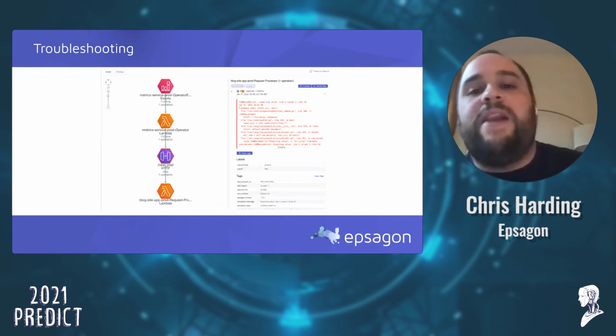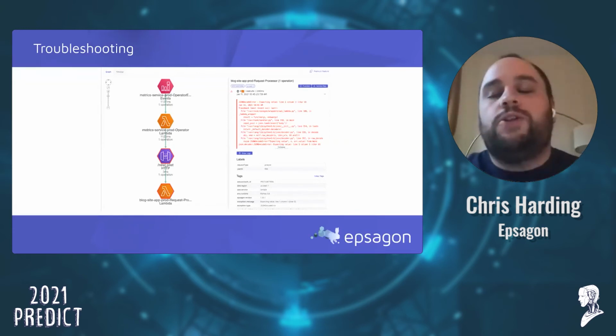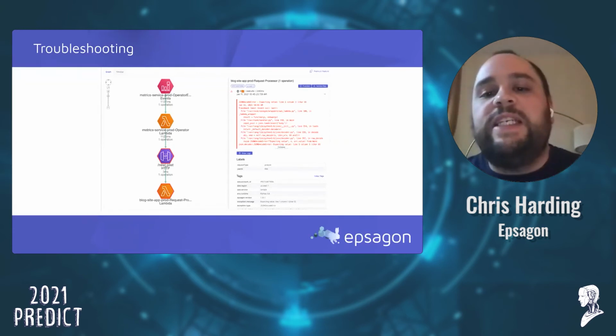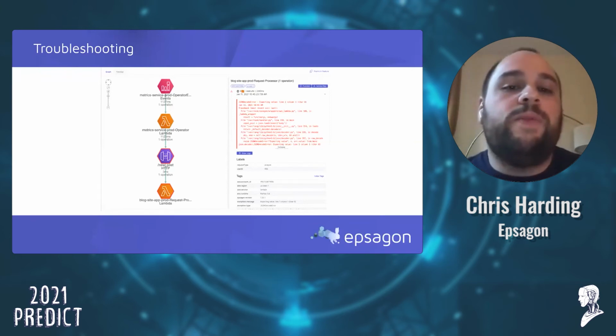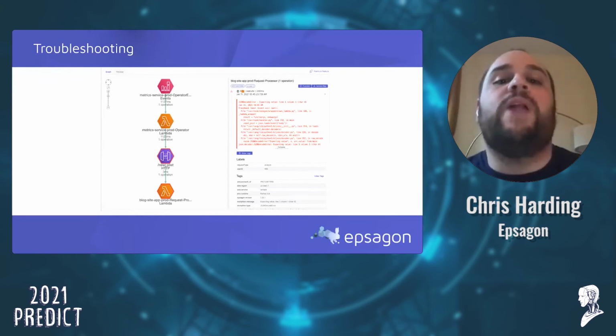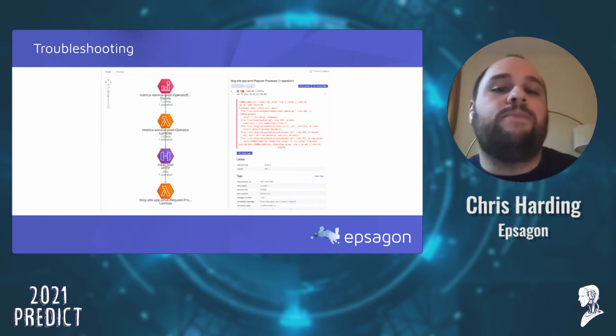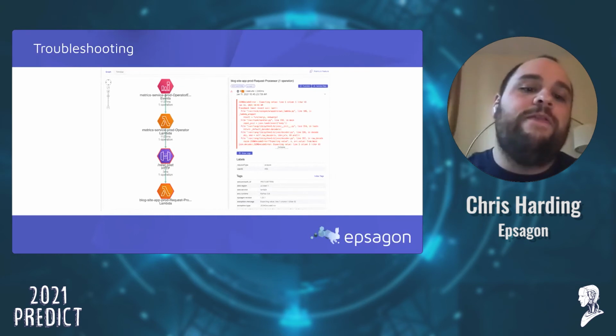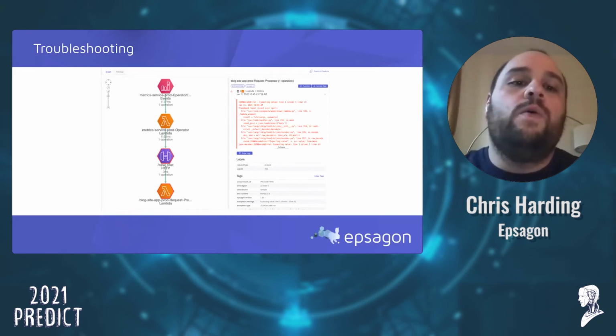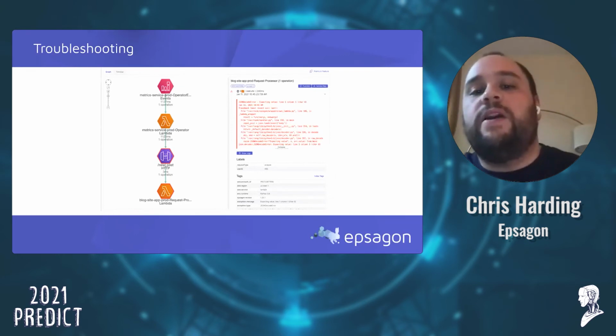All right, so let's look at some of the benefits. We looked at that traditional troubleshooting workflow, which can be very tedious and time consuming. When you have a good distributed tracing tool in place, it becomes much more streamlined. Here's an example from the Epsagon platform of a full business transaction where we've ultimately generated an error.